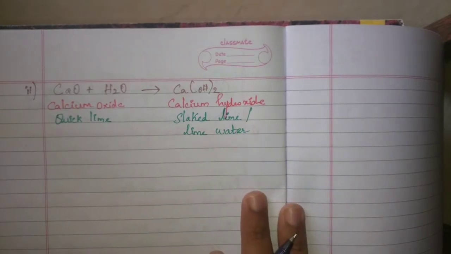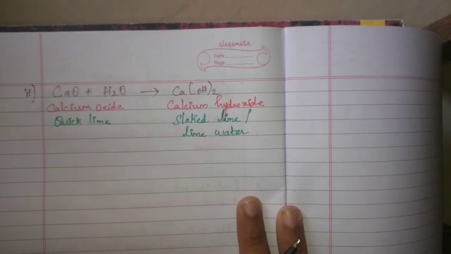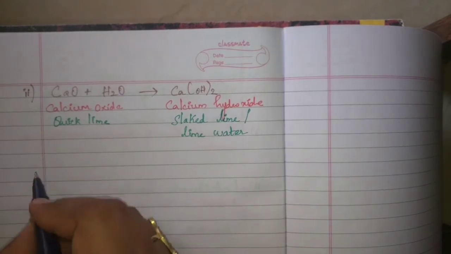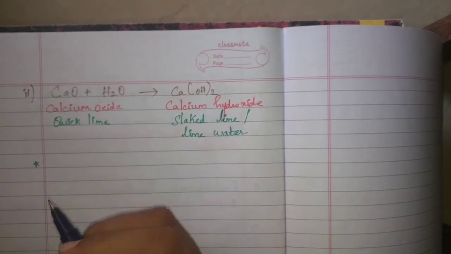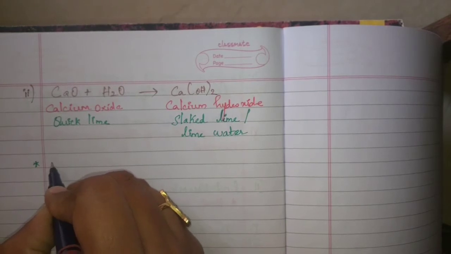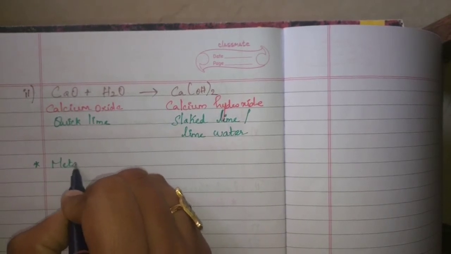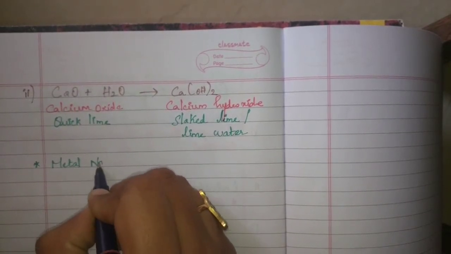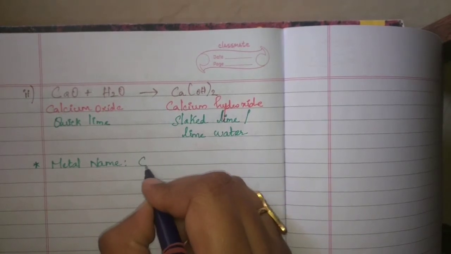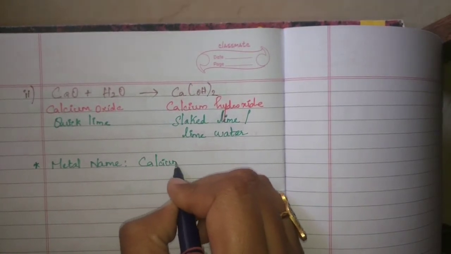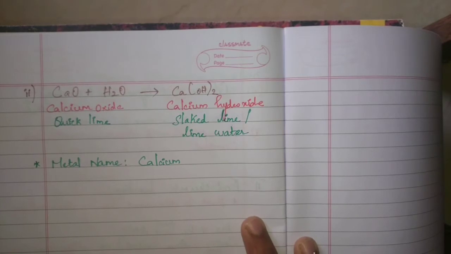Next one, here one word questions and sentence questions they will also ask. One clue I am giving here. Which is the metal in this reaction? The metal name is calcium. How can you find out the metal name?